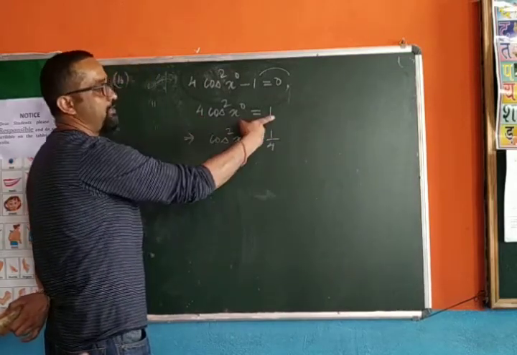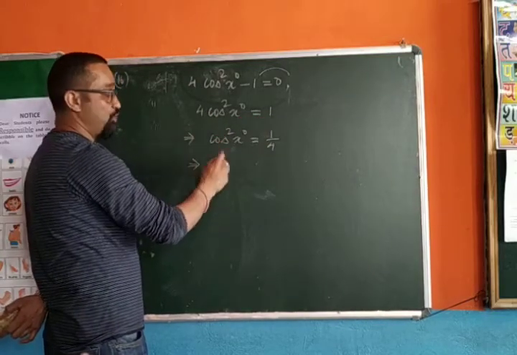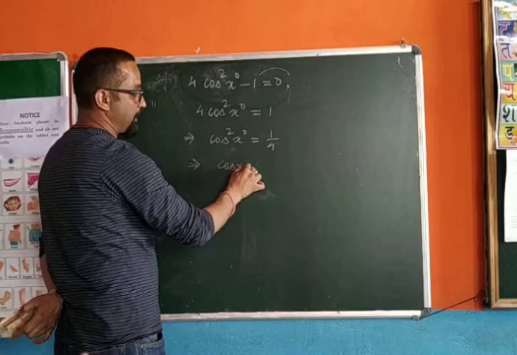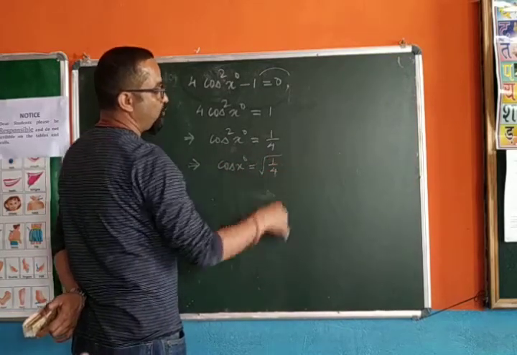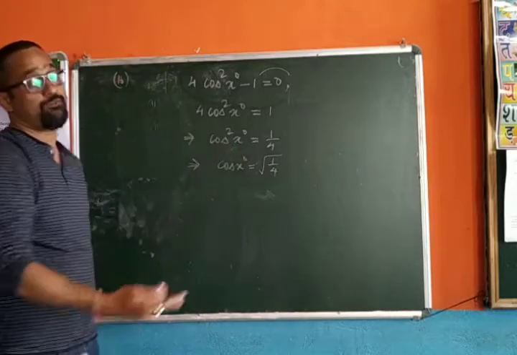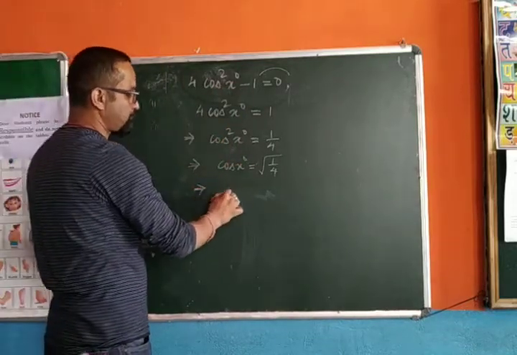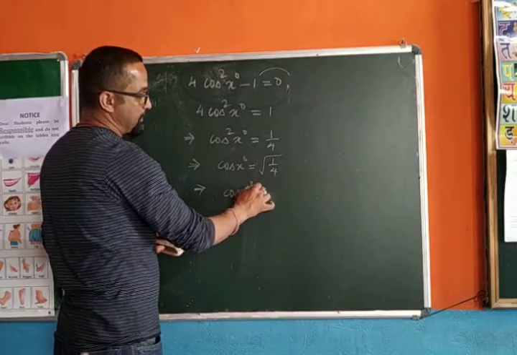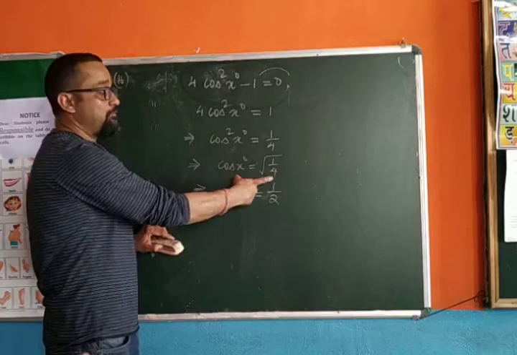This 4 divides the right hand side. You have square, so remove it. Cos x degree is equal to root 1 by 4. When you remove square from the left hand side, put root on the right hand side. Cos x degree is equal to 1 upon 2. Square root of 1 is 1, 4 is 2.